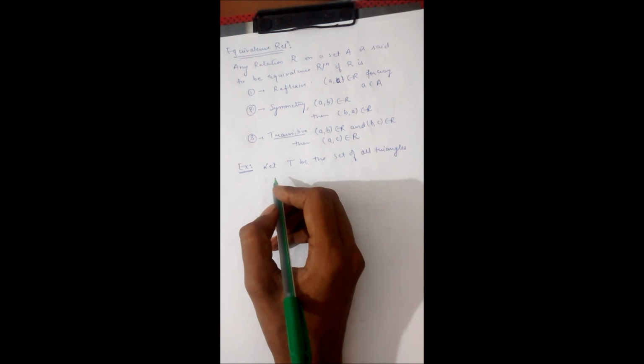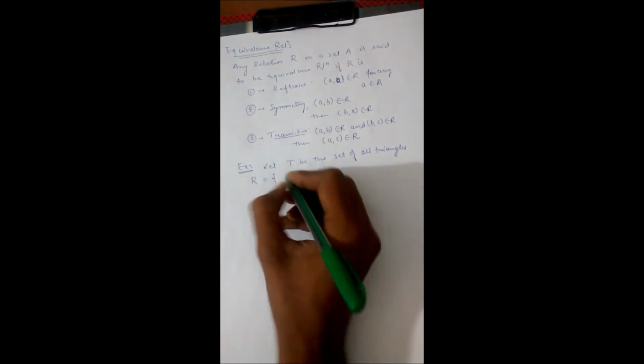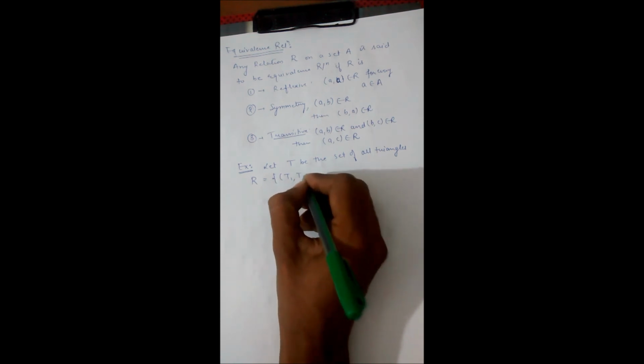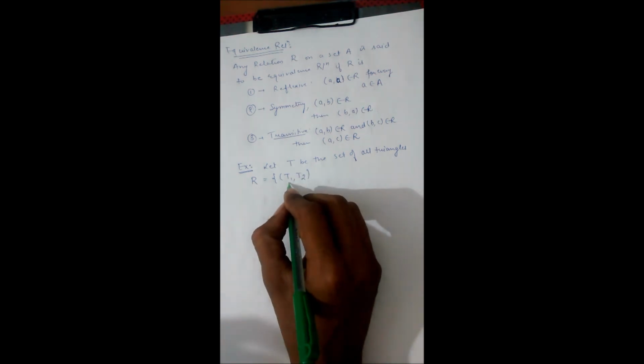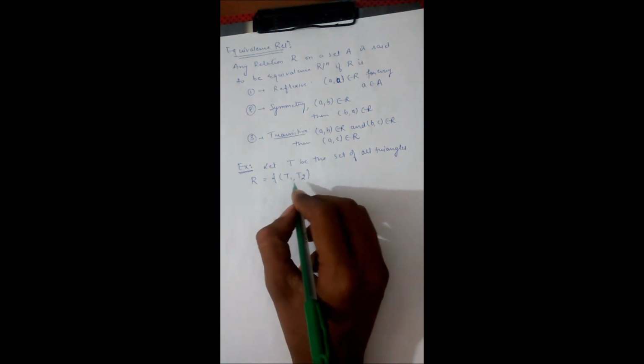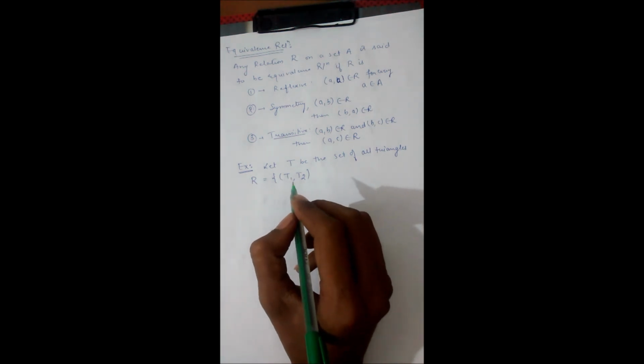Clear? Now we need to check the relation R, which is defined as T1 comma T2, where T1 and T2 are any two triangles in the set T. T1 may be right triangle, T2 may be isosceles, or both may be isosceles, both may be scalene, or T1 may be equilateral triangle, T2 may be right triangle.